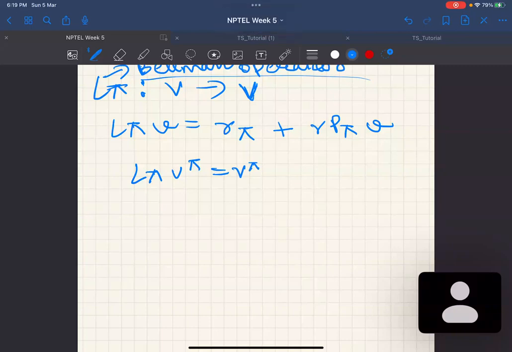What does it tell? I take V pi, apply L pi on it, and it will give me again V pi. So V pi is the fixed point of L pi.